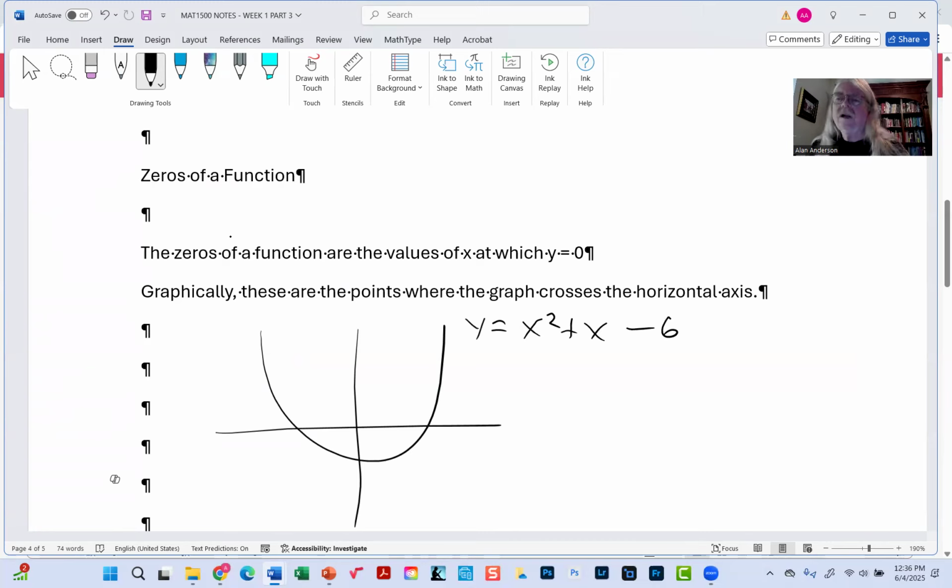So I want to know where those points are, where the function crosses the axis. So what I can do is first factor this out. And then I'm going to set it equal to 0.